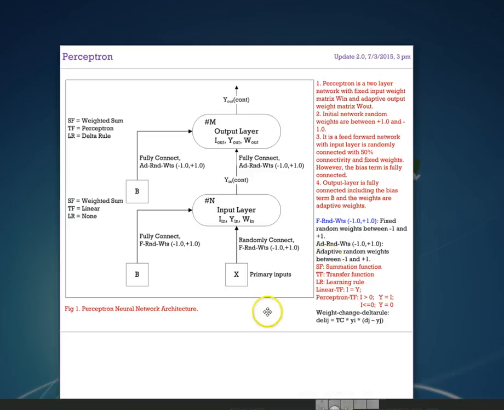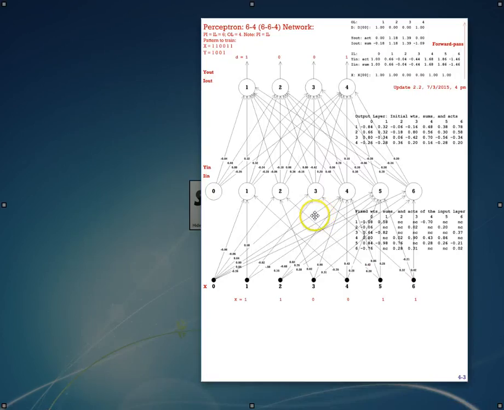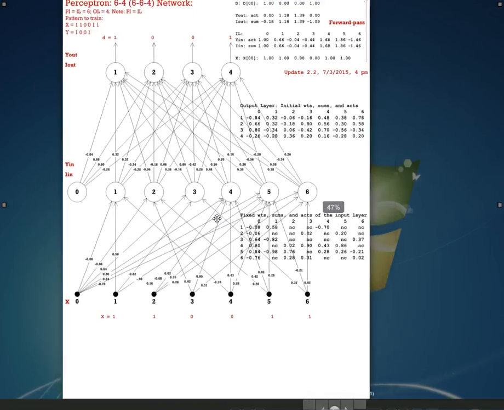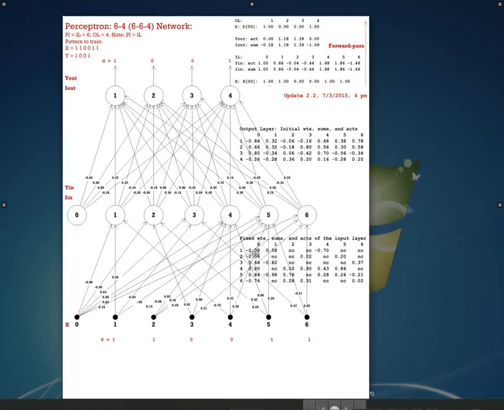Next, let's look at this. This is a typical Perceptron network. This one is a 6-4 Perceptron network. Sometimes it's called that, by the number of elements in the primary inputs.